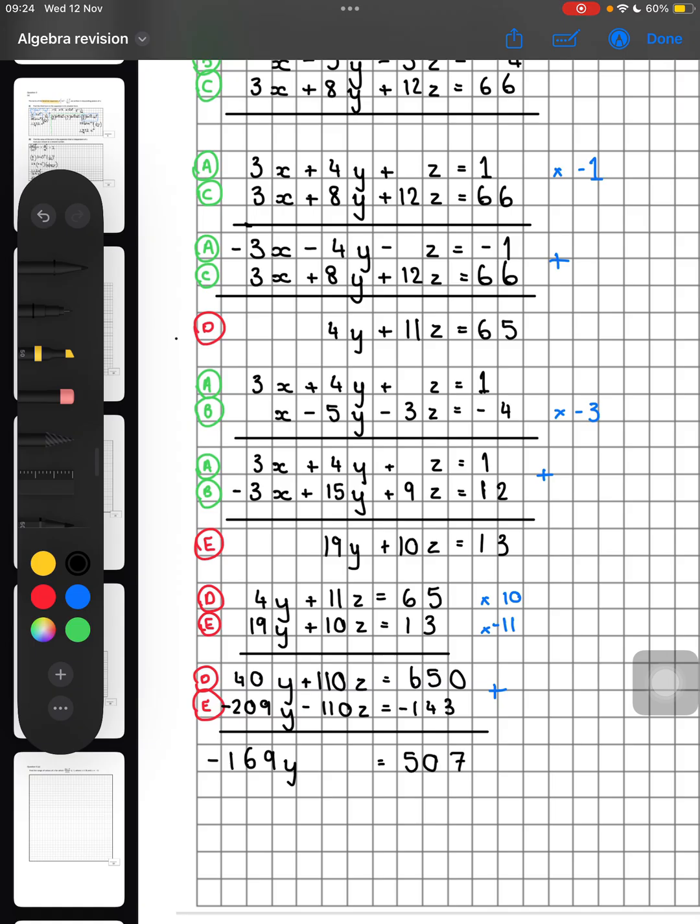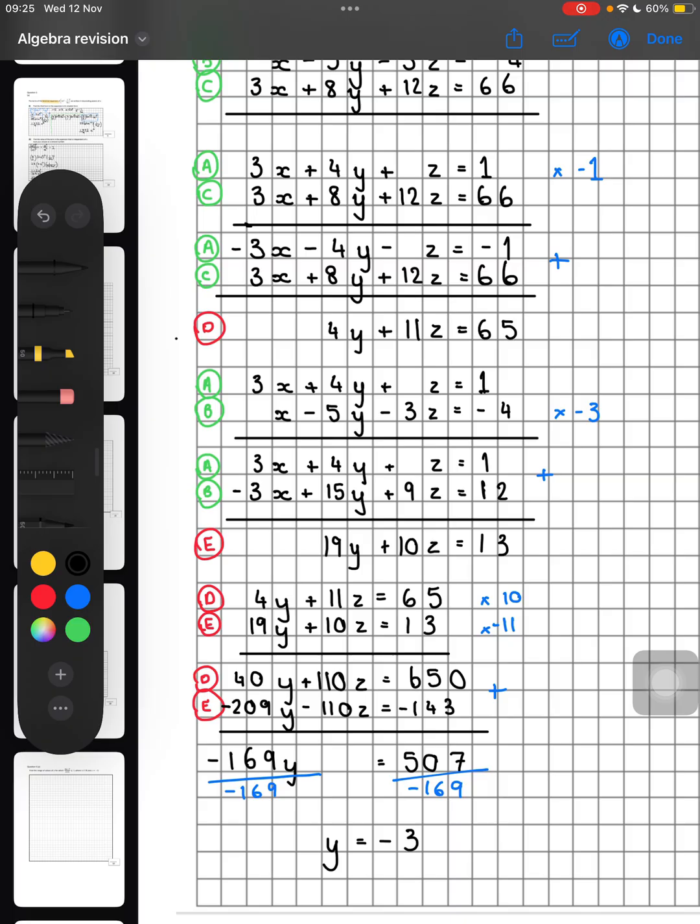So 507 is minus 169 y's. To get y by itself, I'm going to divide by minus 169, so I have to divide over here by minus 169. I'll be left with y by itself, and that's equal to minus 3.